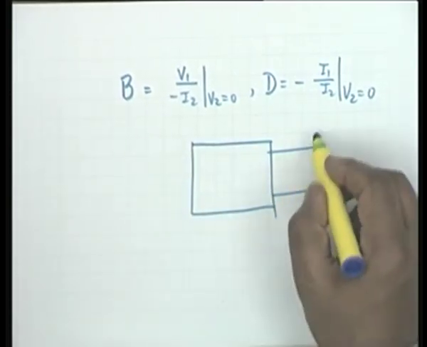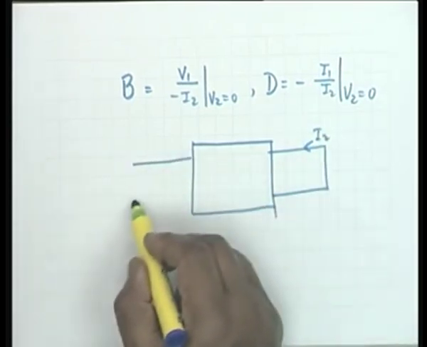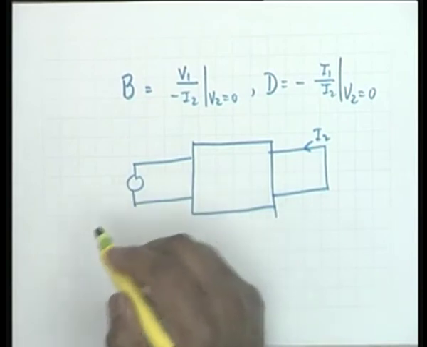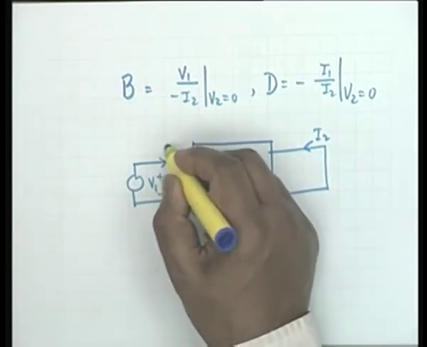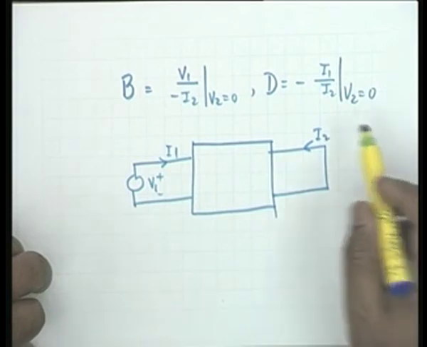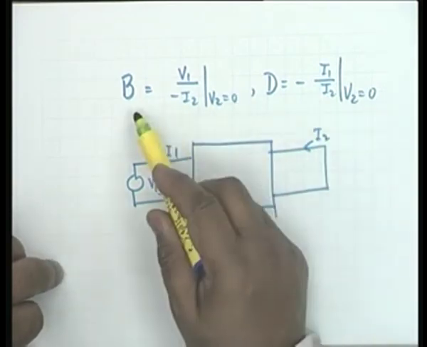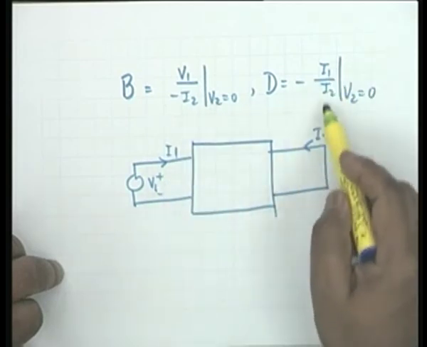V2 equal to 0 is this, so the only thing you can measure is I2, and here you connect either a voltage source or a current source, but the net result is that the voltage and current are V1 and I1. And now what I have to do is find V1 by minus I2 or I1 by minus I2.